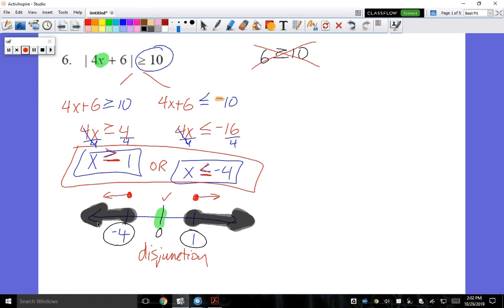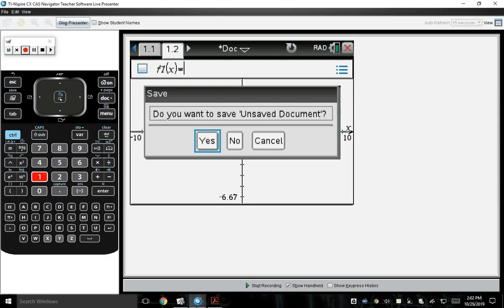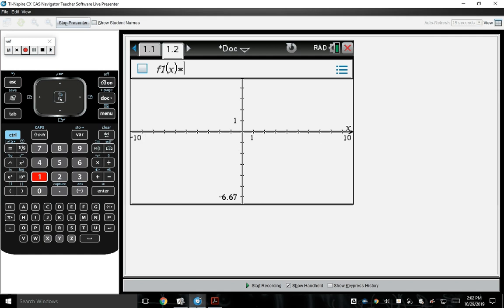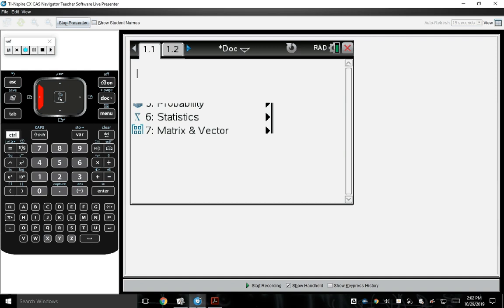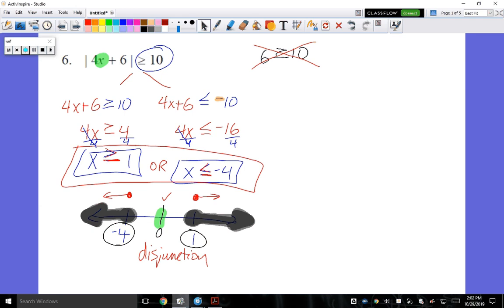Now let's check with our calculator for extra practice. On this document, on the first page, we're going to go Menu, Algebra, Solve, and we're going to solve for the absolute value of 4x plus 6.